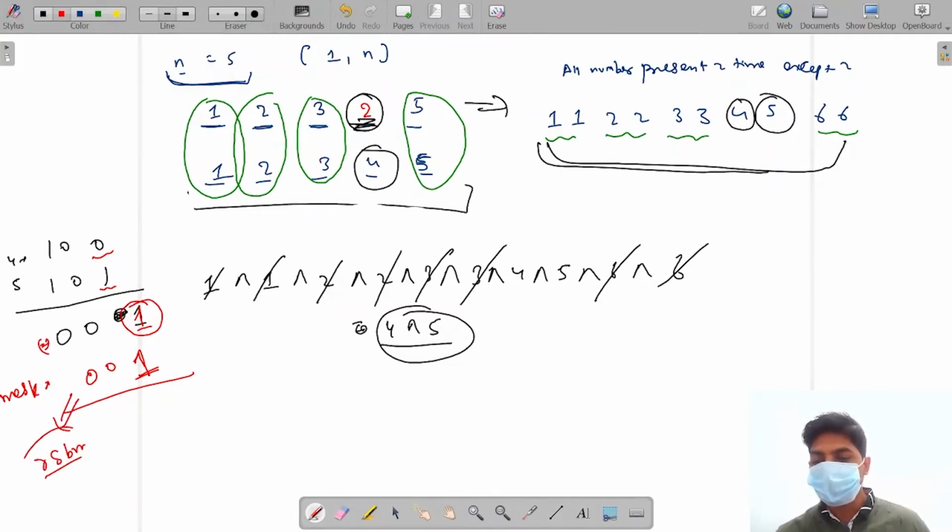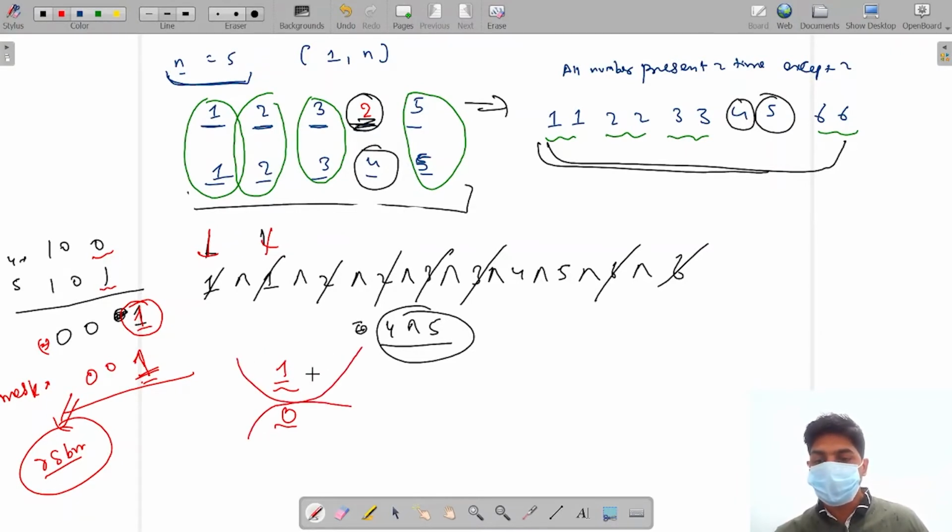Okay, after that what will we do? We will iterate over all the numbers one by one, and we will see that amongst all these numbers, for some of the numbers this bit will be 1, and for some of the numbers this bit will be 0. So we'll separate them into two groups.